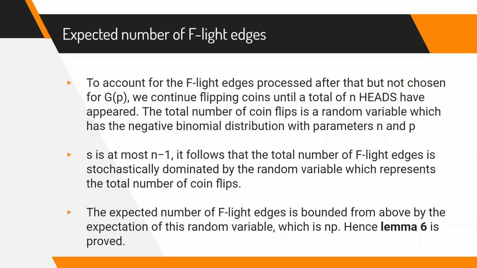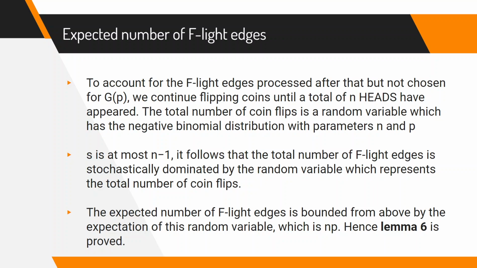To account for the F-light edges processed after that but not chosen for G_p, we continue flipping coins until a total of n heads have appeared. The total number of coin flips is a random variable which has the negative binomial distribution with parameters n and p. S is at most n minus 1.